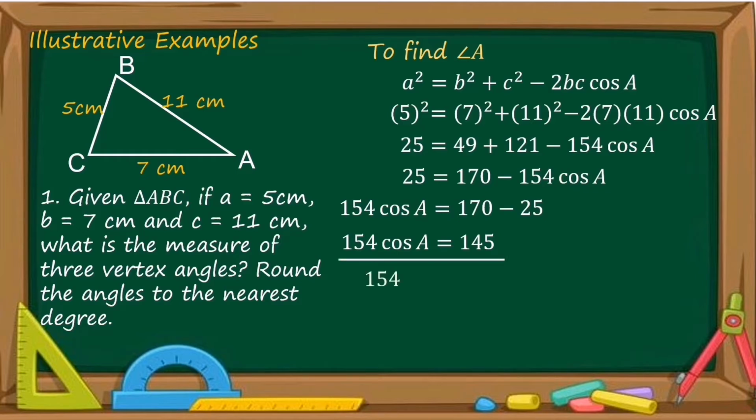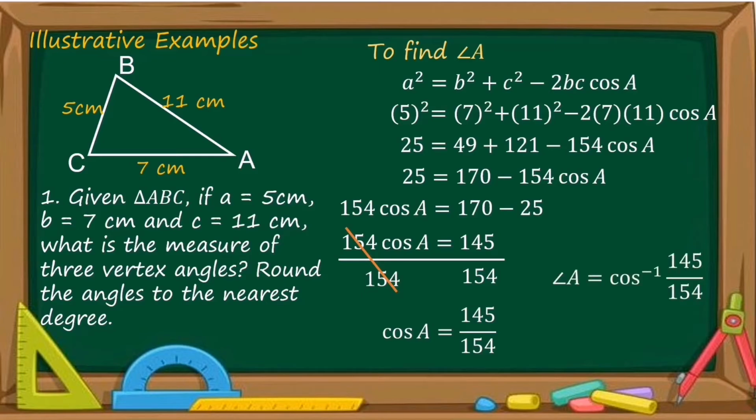Dividing both sides by 154 so that we can eliminate 154 on the left side. So our equation now is cosine A is equal to 145 over 154. To find the measure of angle A, we need to find the inverse cosine of 145 over 154.